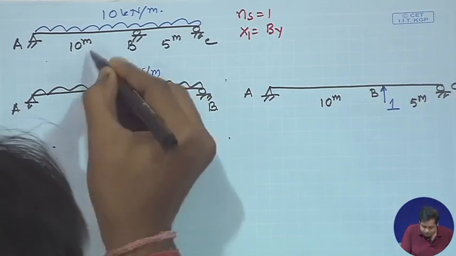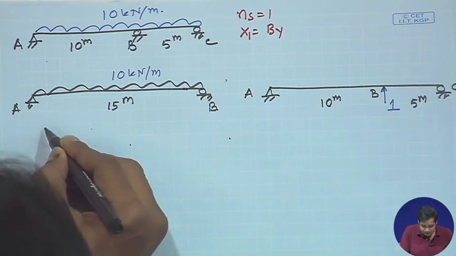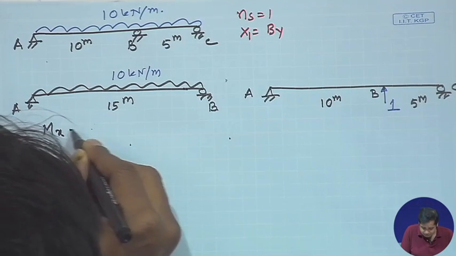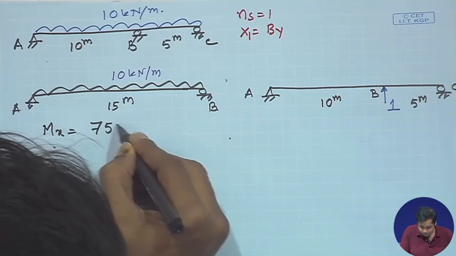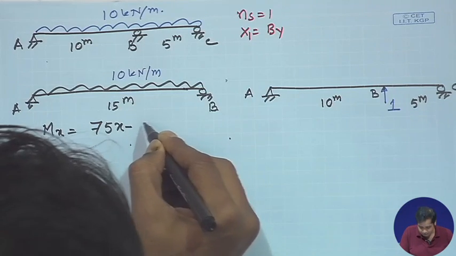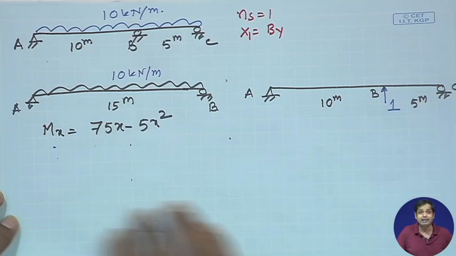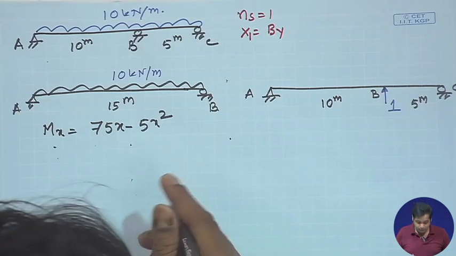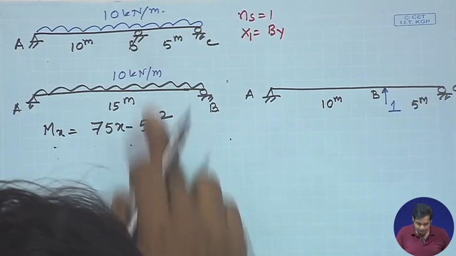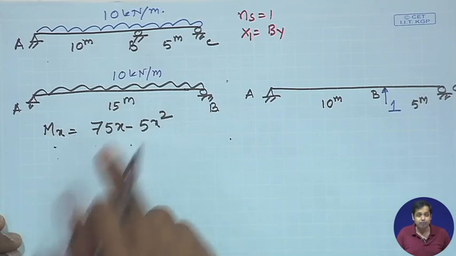If we take any section at a distance x, then Mx in this case becomes 75x minus 5x square, which you can easily check. It is WL by 2 x minus Wx square by 2, where W is equal to 10 and L is equal to 15 meter.